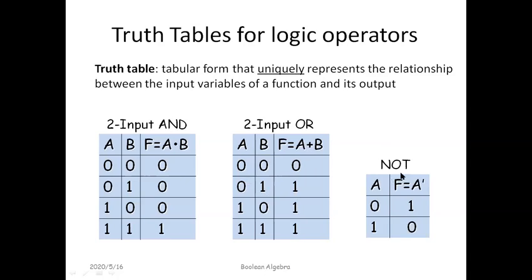Then a NOT simply inverts what was given at the input. So if at the input we give a 0, then we expect a 1 at the output. If we give a 1, then we expect a 0 at the output. Okay, so these are the truth tables for the basic logic operators.